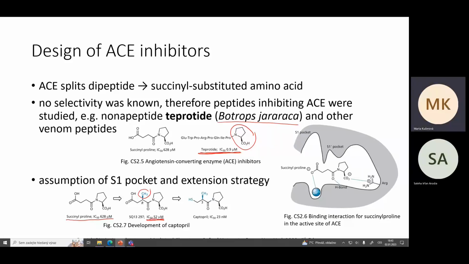I mean, the IC50 was much lower, so the activity was higher. And by substitution of the carboxy group with a thiol, captopril as the first inhibitor of angiotensin converting enzyme was obtained.